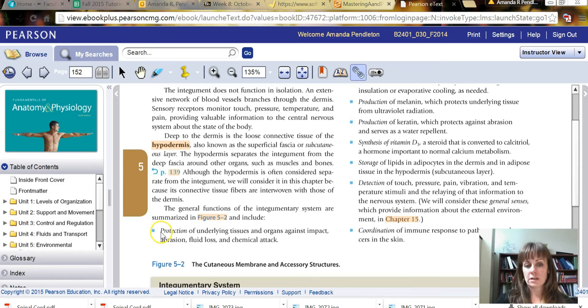And so as you're going through here, you really need to look at these details because the details matter. So for example, this says protection of underlying tissues and organs against impact. Okay, so that's what allows me to bump up against a table and not, ow, I just shredded my muscle. So it's protecting from impact or abrasion. It's protecting from fluid loss. It keeps water inside our tissues so it can't go through that skin barrier easily.